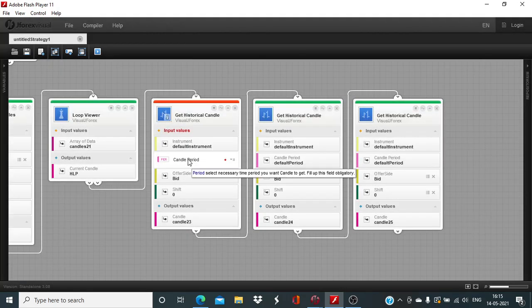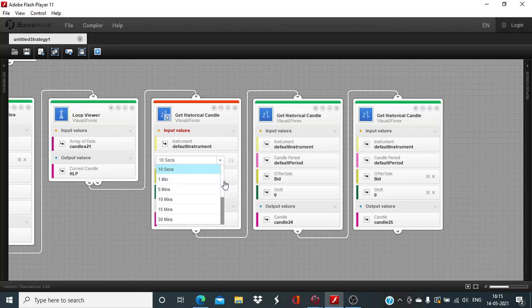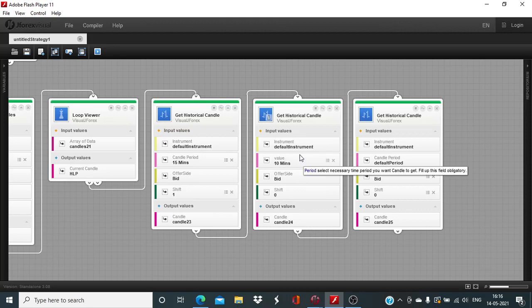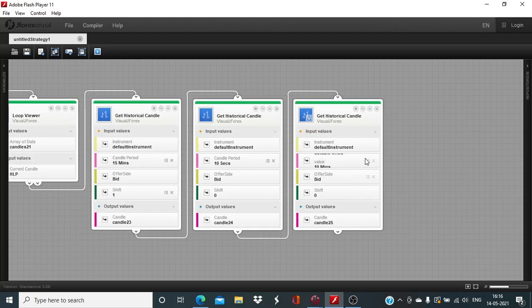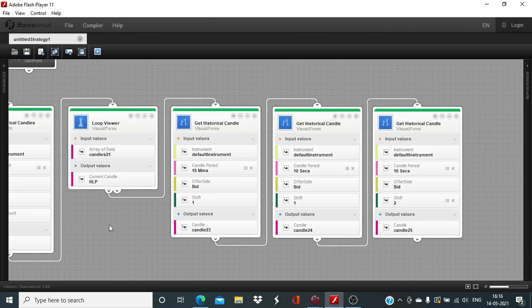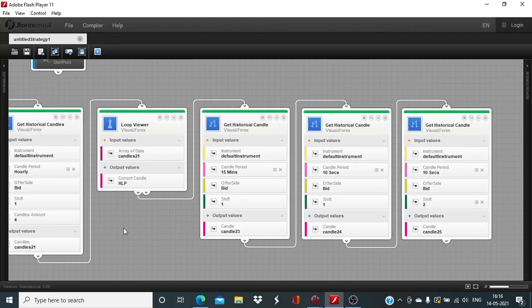This will be changed to 15 minutes. Shift of 1, and these 2 blocks will be defined with the candle period of 10 seconds each, and shift value of 1 and 2 respectively.